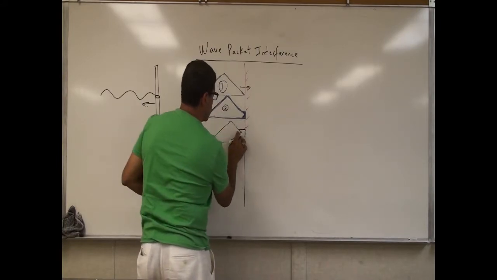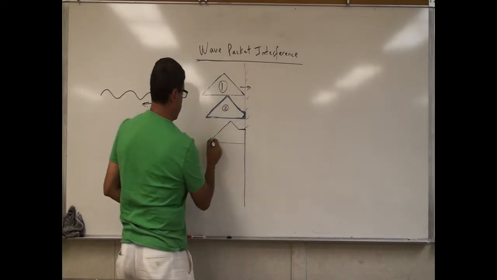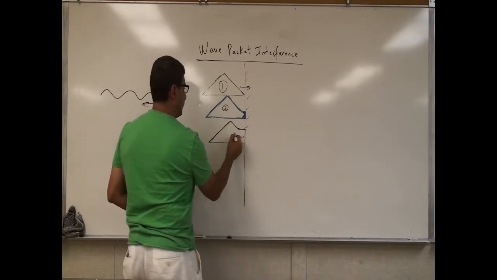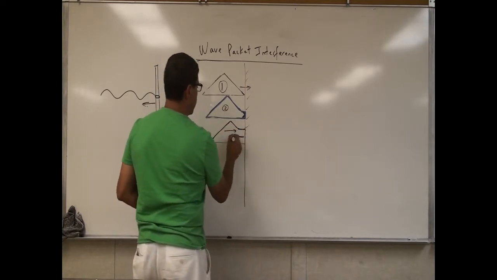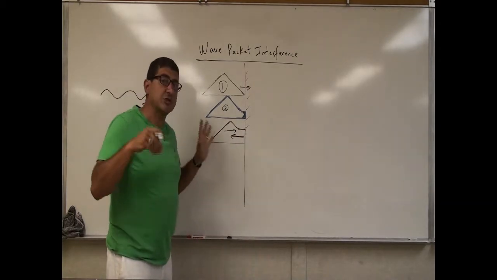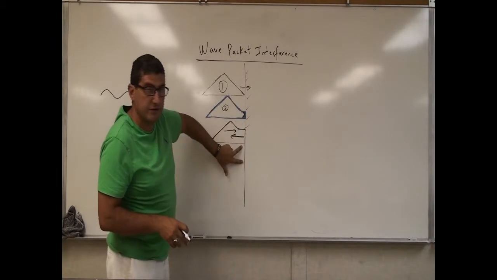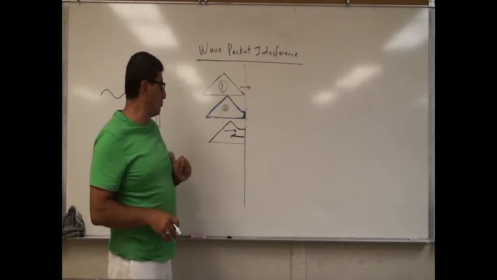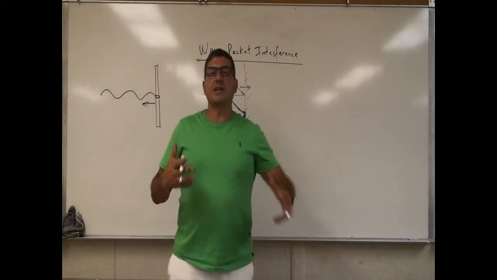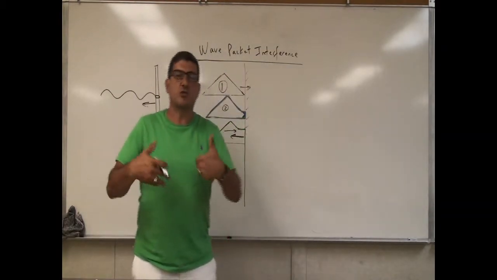And then you can erase this one, right? So the combined wave will look like that now. So this is what's happening with the incoming wave and the reflected wave. If the reflected wave has no phase shift, in other words, it doesn't reverse itself, then the combined wave will look like that.